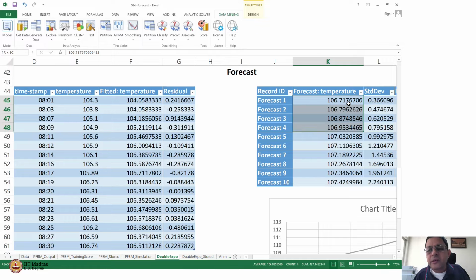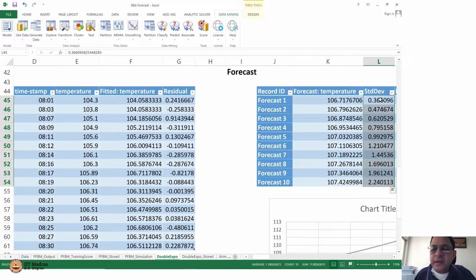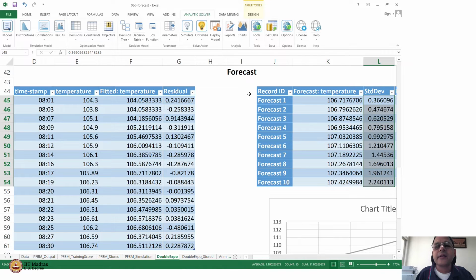These are all predictions, which means that predictions can go wrong. So the analytic solver also calculates the standard deviation for each of these predictions. What are the equations used for these predictions? I encourage you to read up on the analytic solver. It has an amazing help menu, and it has all the mathematics available.